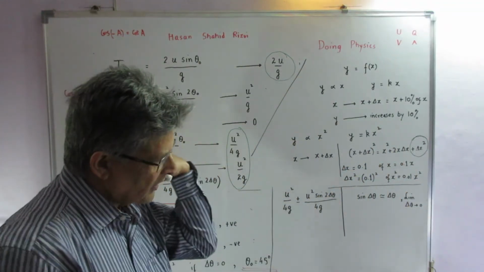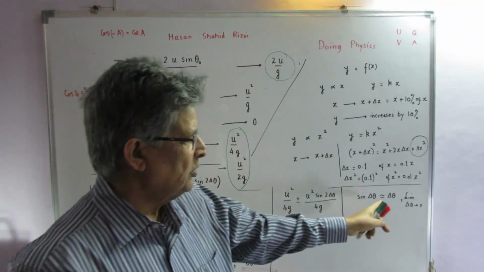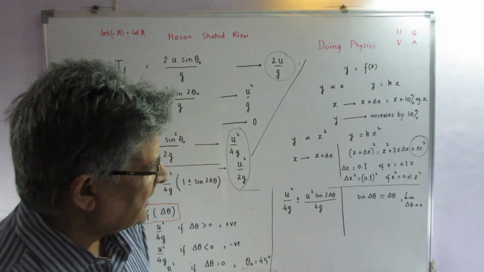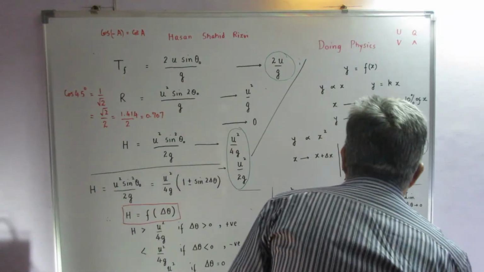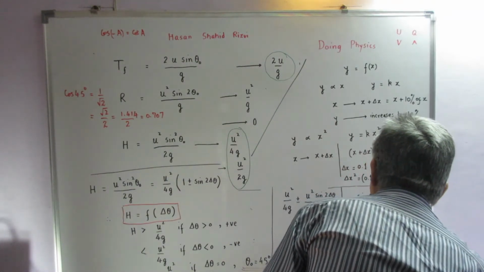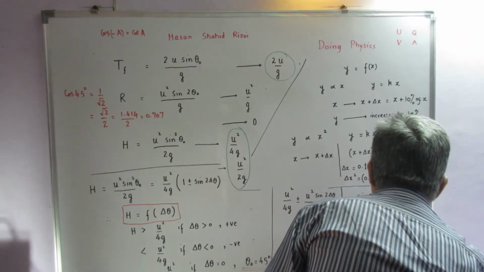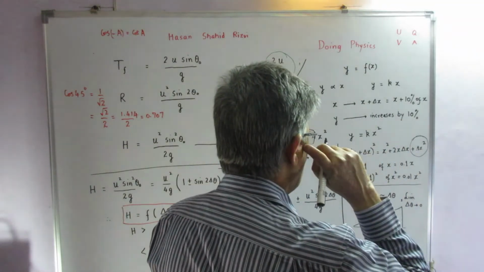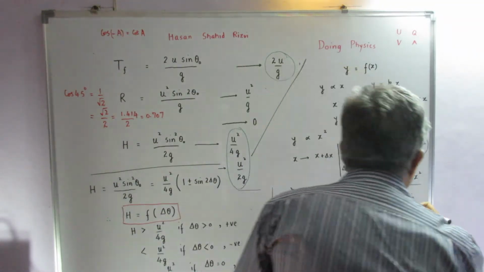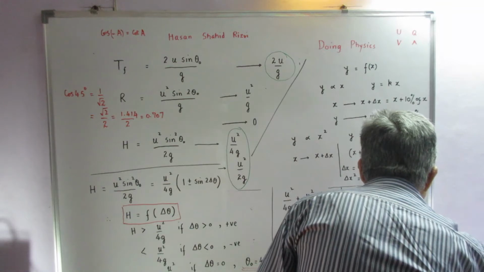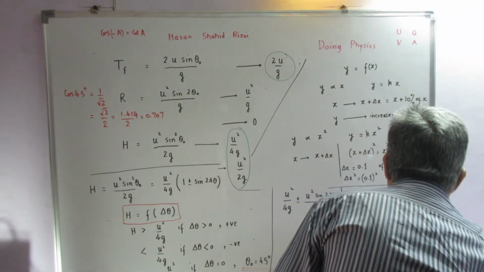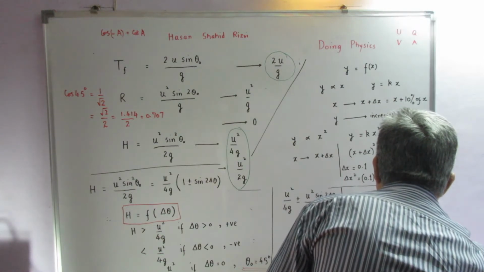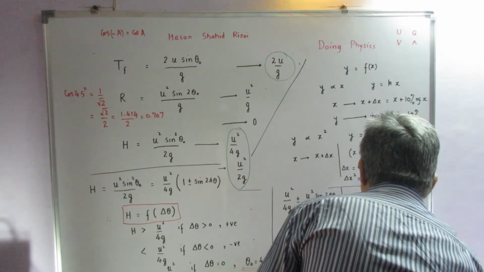Delta theta is defined in this situation where I have the perpendicular and the arc, and this is my delta theta.